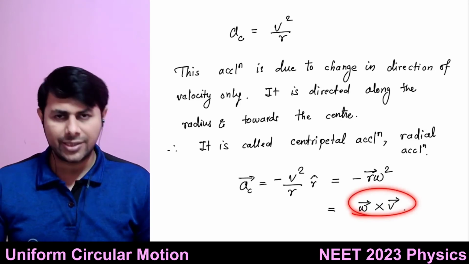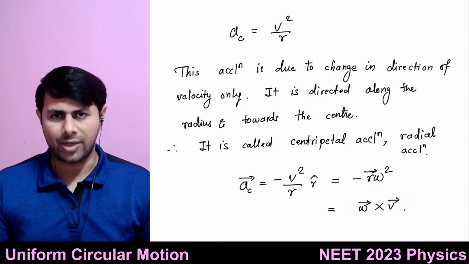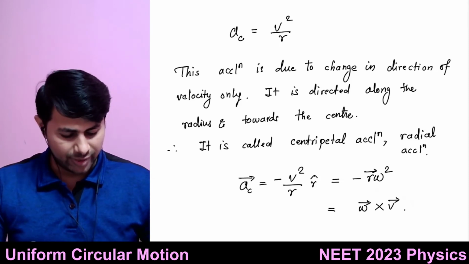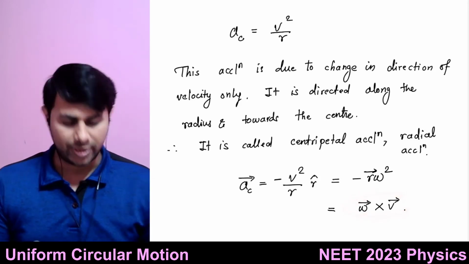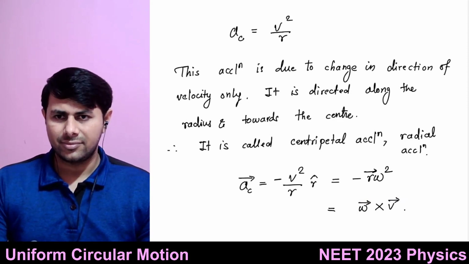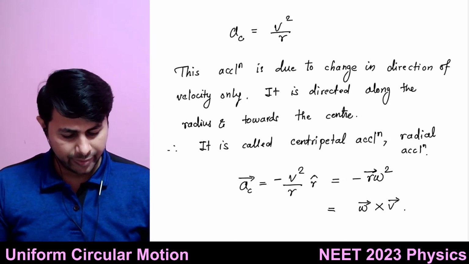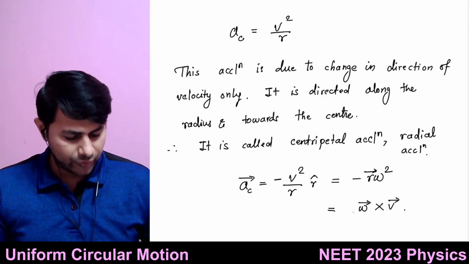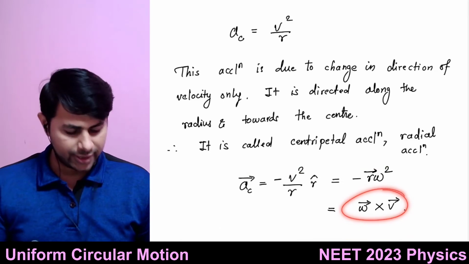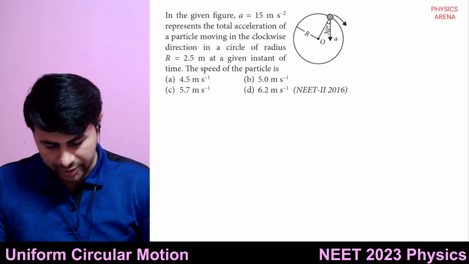But how does the direction come? Why is it omega bar cross v bar and not v bar cross omega bar, that we cannot understand right now. We'll discuss that later, but we can note down this formula. So this is clear, right? We'll talk about this topic once again in rotational motion, and then we'll discuss how this formula comes about.